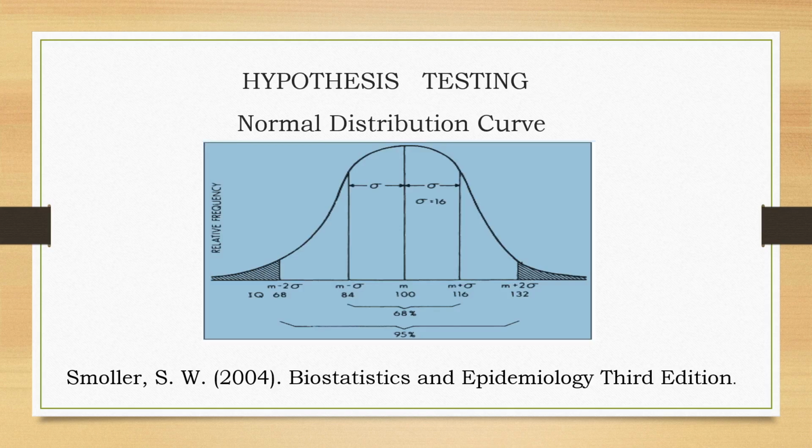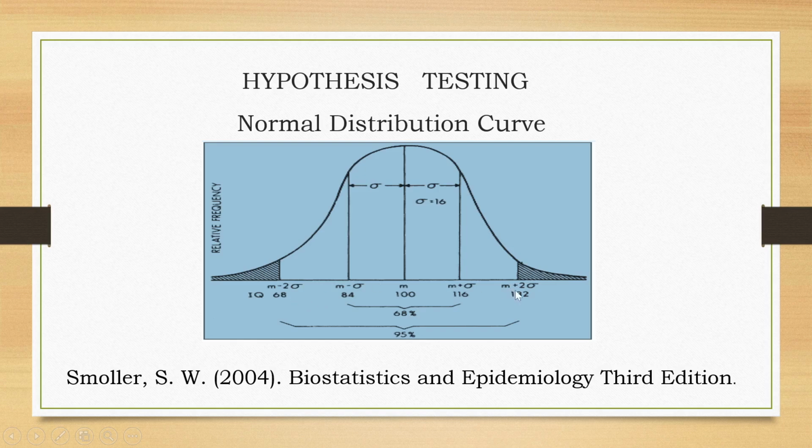Before we embark on the explanation of non-directional hypothesis, let us revisit the normal distribution curve that I had previously explained in my YouTube lessons. The normal distribution curve is a curve that covers an area of 100%, or it has a probability of 1.